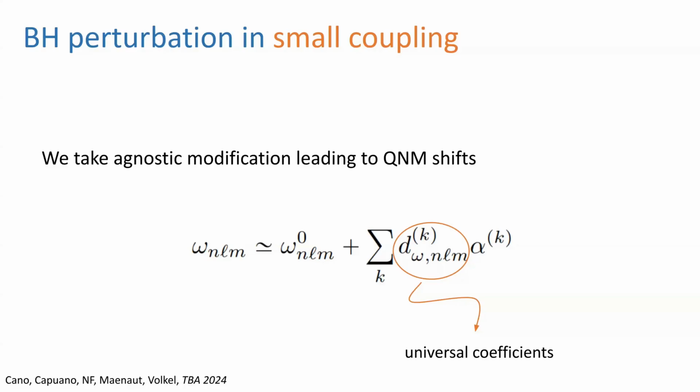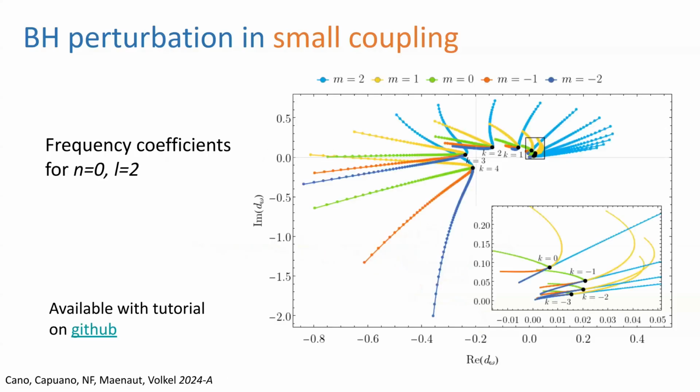So in this paper, we computed all coefficients spanning from n equals 0 to n equals 2, from L equals 2 to L equals 4, all the possible m's, for k going from 4 to minus 3.